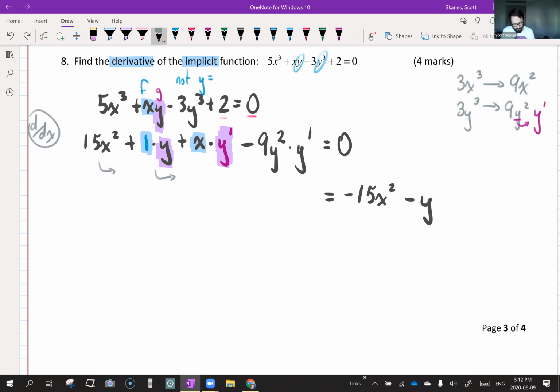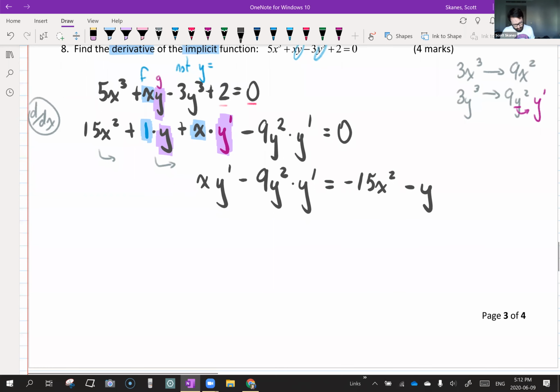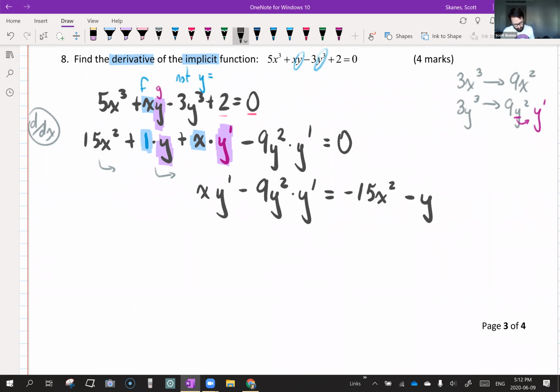I'm trying to get the derivative. What's left is xy prime minus 9y squared y prime. And now I'm going to factor that, like Mohammed said in the chat. So I'm going to factor y prime out. What I'm left with is an x and a negative 9y squared.